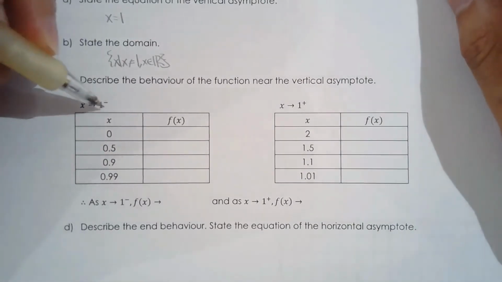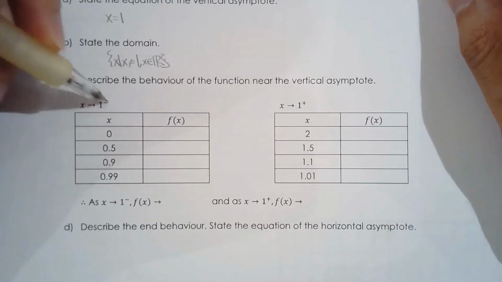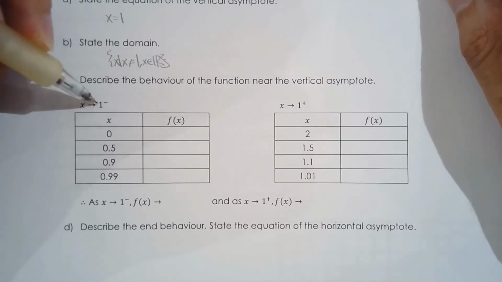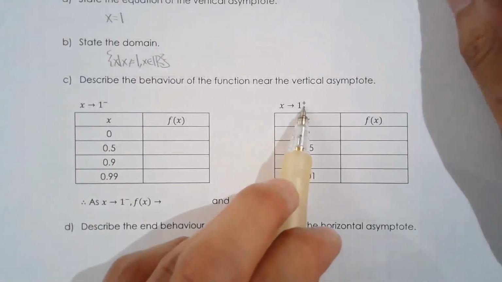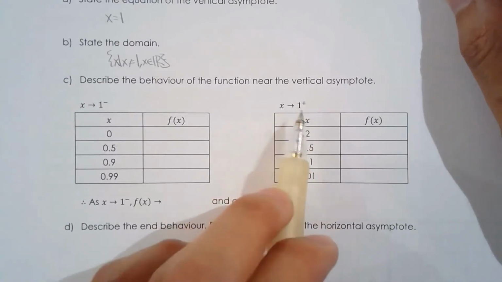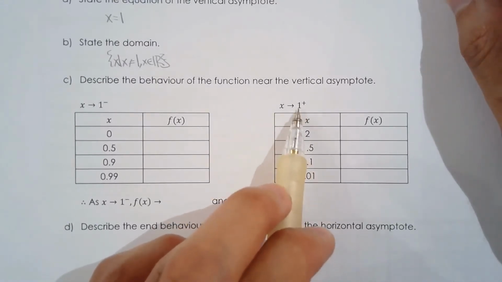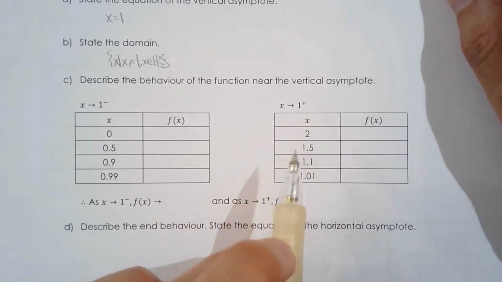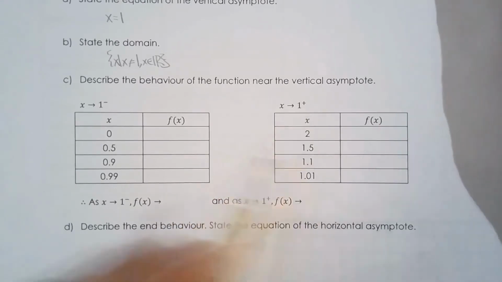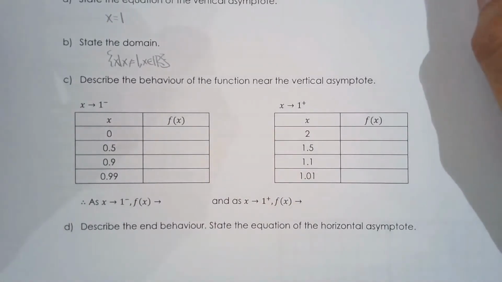This superscript of a minus here means it's slightly less than 1. If it's slightly less than 1, it means you're approaching 1 from the left. And here the superscript of a plus means it's slightly greater than 1, so I'm approaching 1 from the right-hand side. It makes sense. If I'm greater than 1, I'm approaching from the right-hand side.